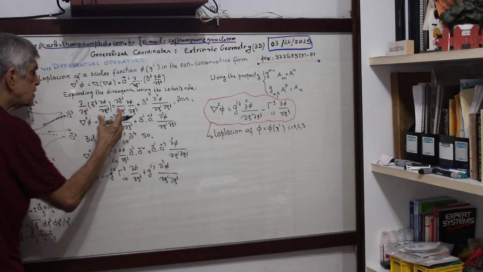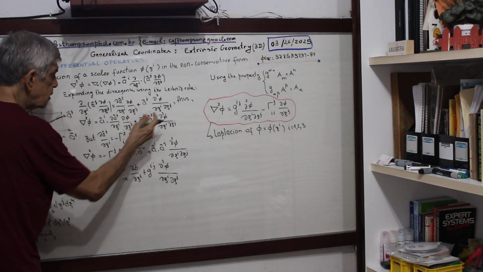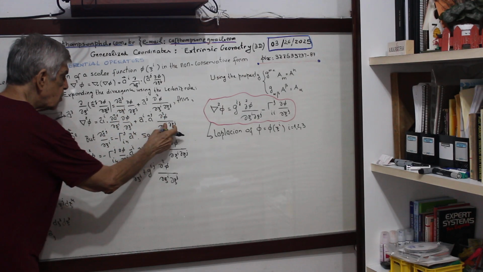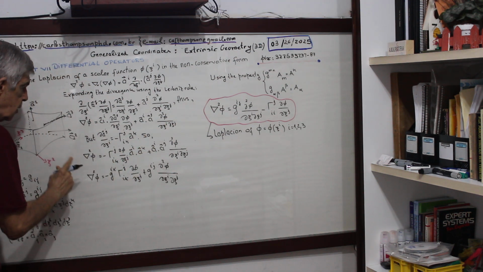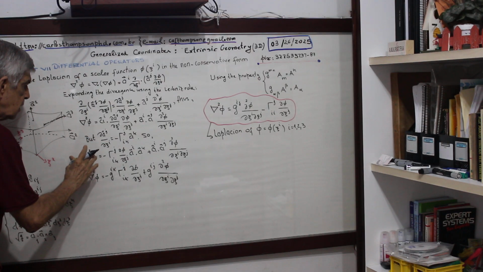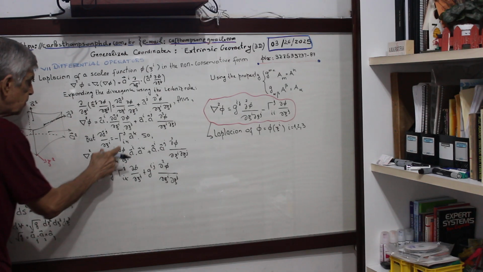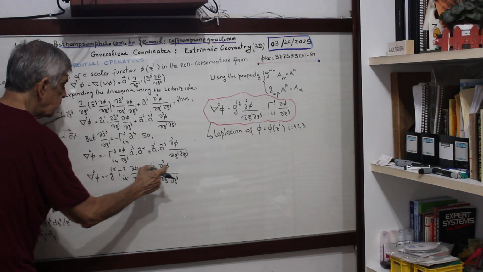Now, this is a second derivative over here, okay? You take the derivative of the derivative. That's a second derivative. Now, you see clearly that for this expression for the Laplacian, I just plug this term over here and this term over there.